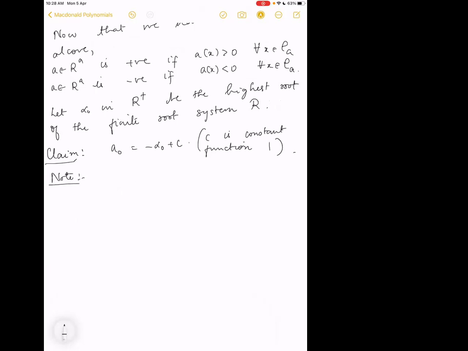You can immediately see that the gradient of A naught is a negative root, and you may write A naught as alpha plus n times C, where alpha is a root.